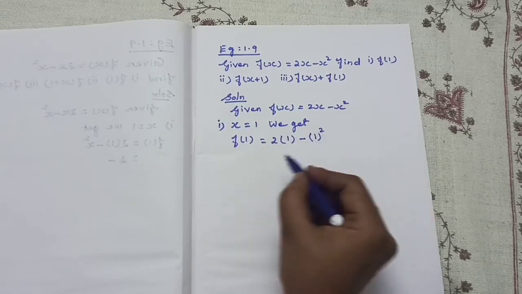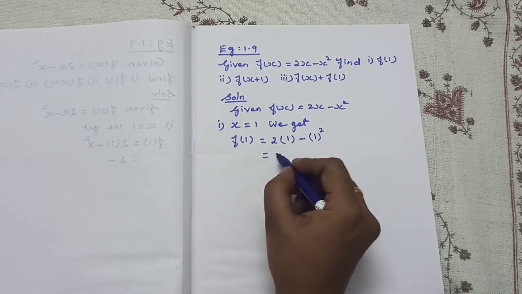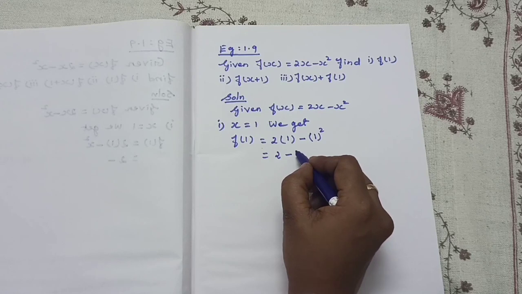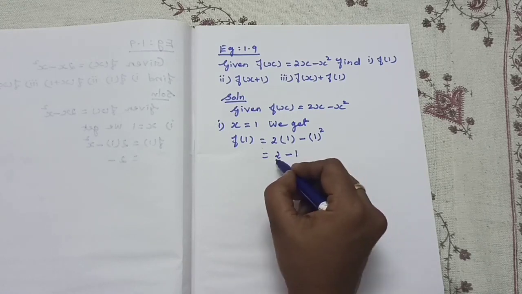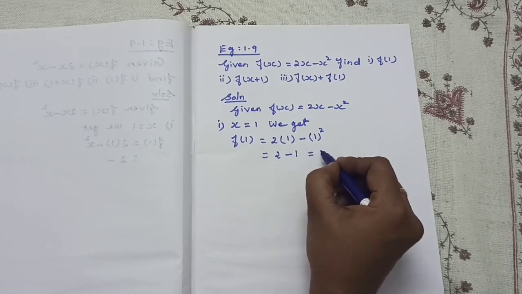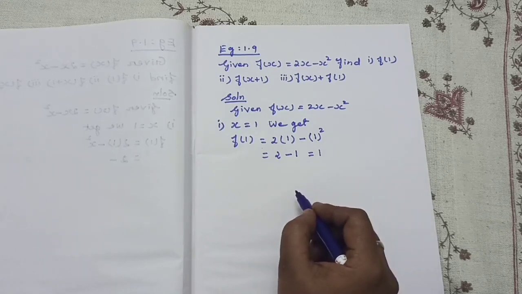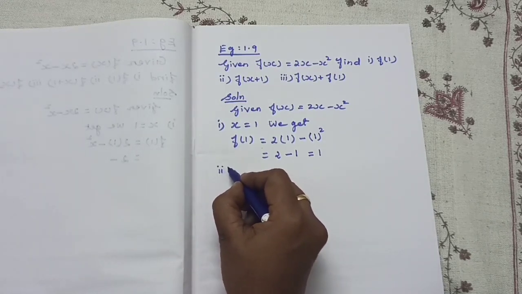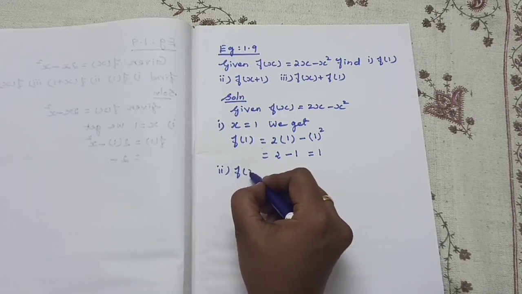Then 2 into 1 is 2, isn't it? Minus 1 square is 1. Correct? 2 minus 1 is 1. Okay? Then second subdivision, f of x plus 1.